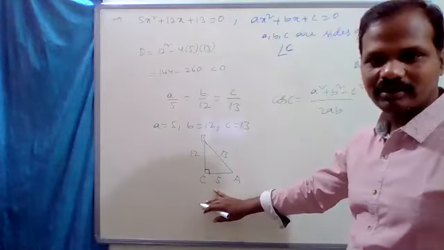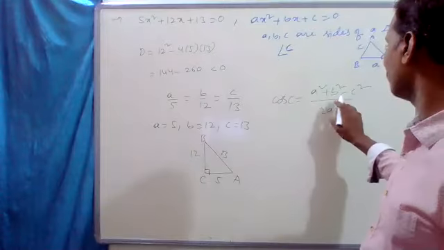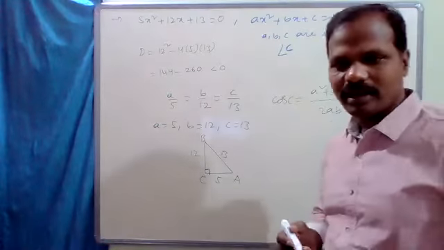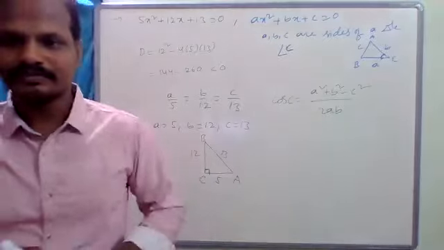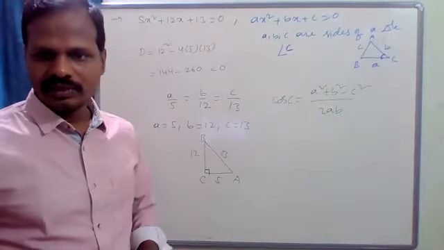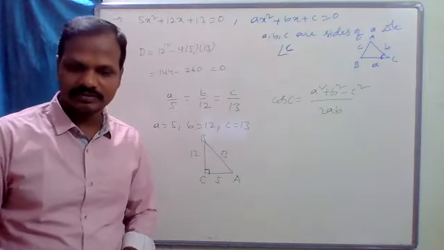You have to use the formula cos C equal to a square plus b square minus c square by 2ab. Then you will get the angle C. Okay, good. I think it is clear to everybody. Any doubt?